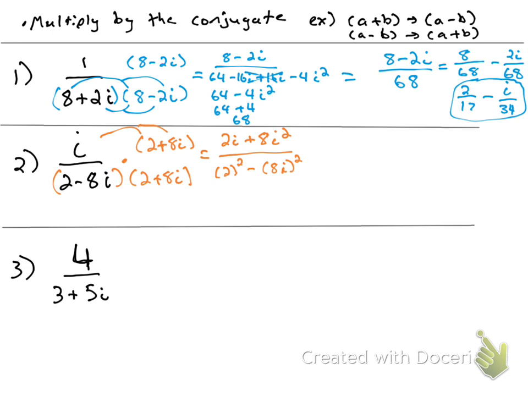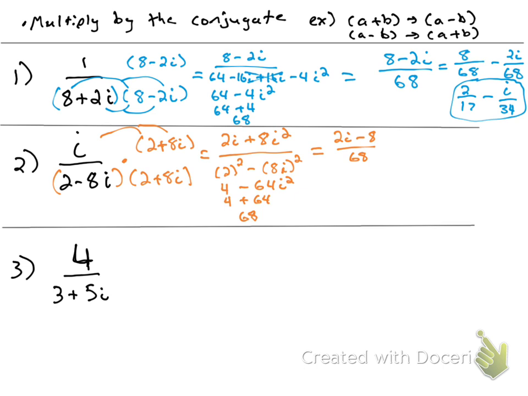So in the denominator, that will give me 4 minus 8 squared is 64, i squared is i squared. That will make that plus 64. So I'll have 68 in the denominator again. So that'll give me 2i. Again, that i squared will make that minus 8 over 68.